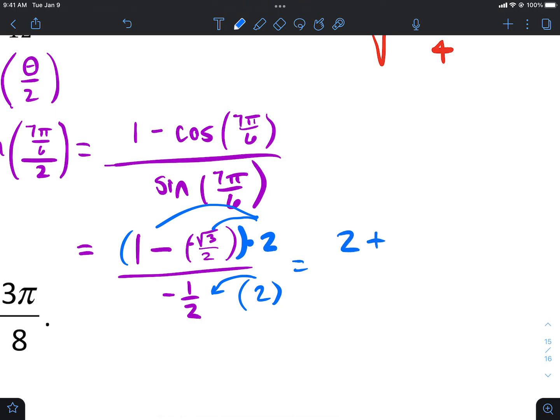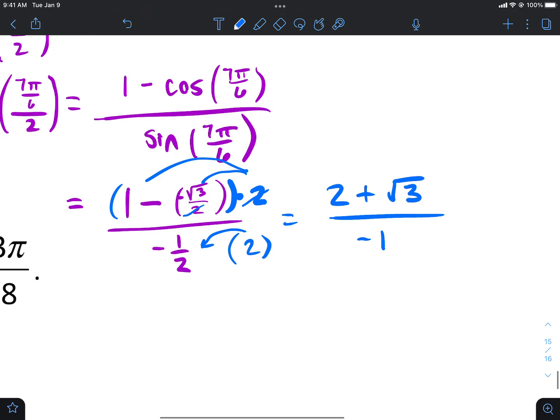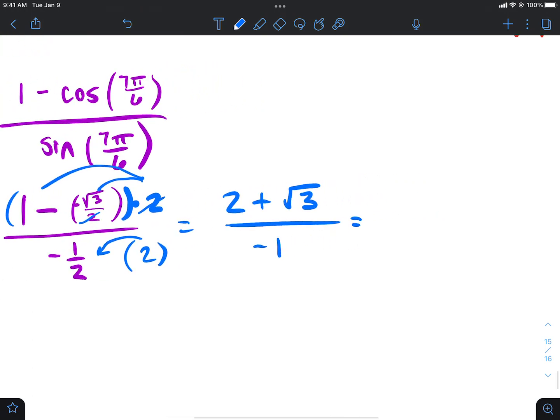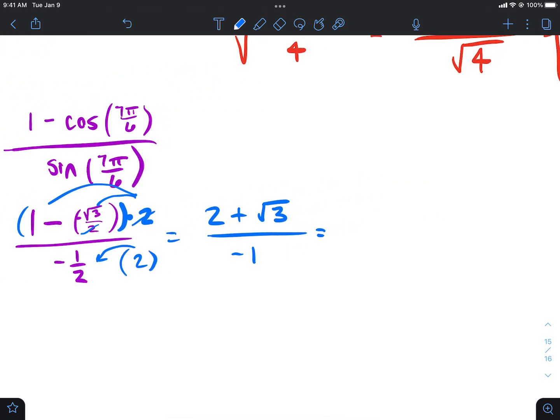You got the double negative, so that'll be positive, and then the 2 in the denominator there and the 2 right there will cancel, so this will be square root of 3. And then you have 2 times the negative 1/2, so that'll be negative 1. And typically it's a bad idea to leave a negative in the bottom of a fraction, so I'm going to change that to negative 2 minus square root of 3, and that'll be it.